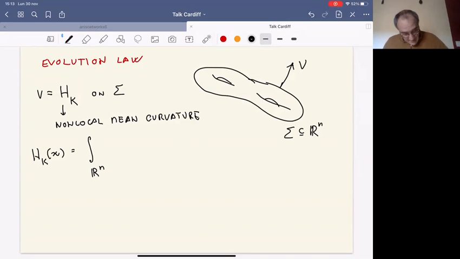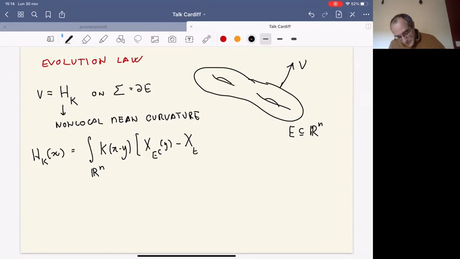Let's say sigma is the boundary of an interior set E in Rn. So I take sigma, the boundary of E, I integrate a suitable kernel outside of the set and make the difference with the integral inside the set. So I have a kernel, which is K of x minus y. I integrate the kernel centered in the point x outside. So outside means I multiply by the characteristic function of the complementary, and I take out the integral of the kernel inside. So it's a difference.